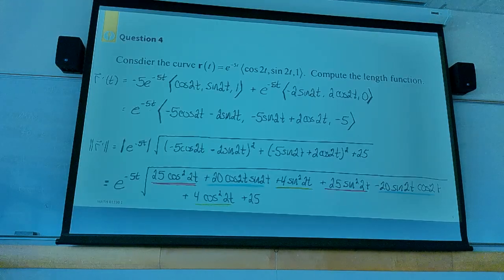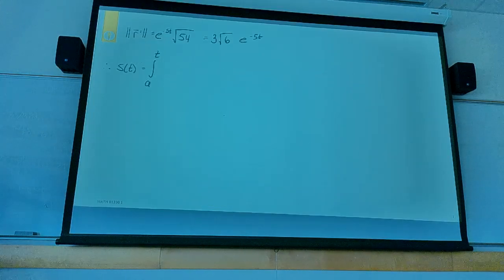They didn't give us like t is 0 to something. So I'm just going to choose an arbitrary starting point a. And we integrate to t. Magnitude of r prime of u du.